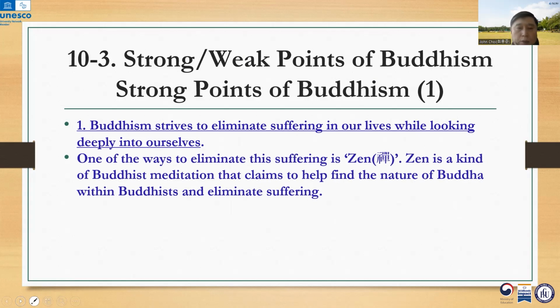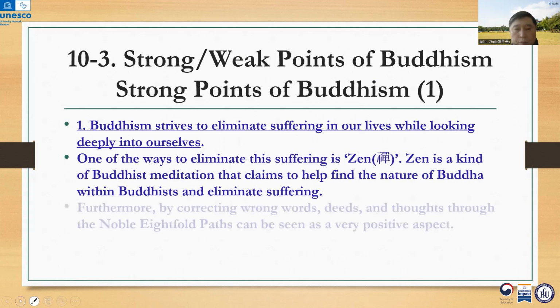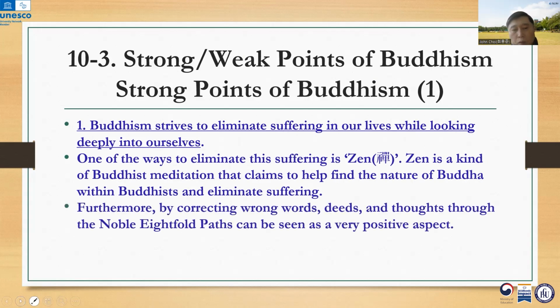Zen is a kind of Buddhist meditation that claims to help find the nature of Buddha within Buddhists and eliminate suffering. Furthermore, correcting wrong words, deeds, and thoughts through the Noble Eightfold Path can be seen as a very positive aspect.